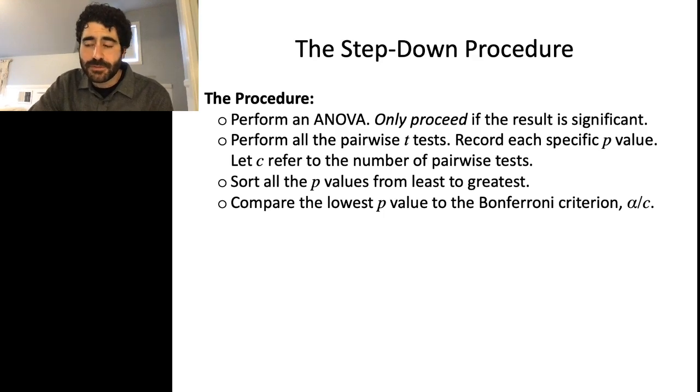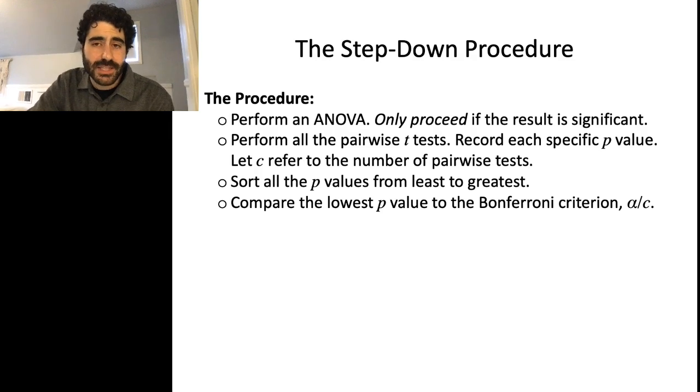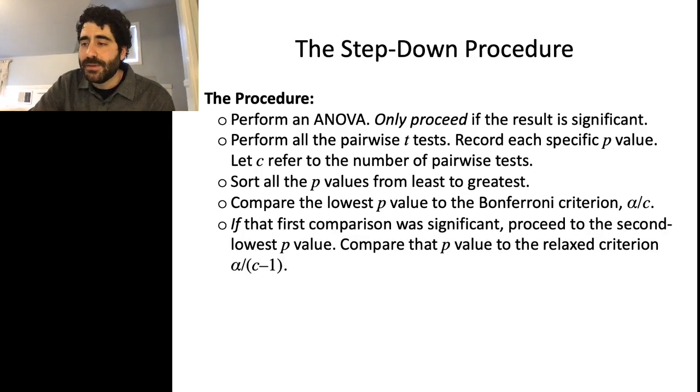We take our smallest p-value and compare it to the criterion of alpha over C. If we're using an alpha of 0.05, we take 0.05 divided by the number of t-tests we did and see whether our p-value passes that threshold. If it does, then we label that first comparison as significant. We say that there is a difference between those 2 groups.